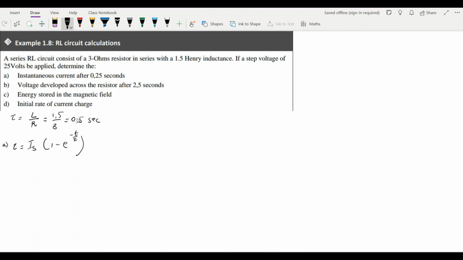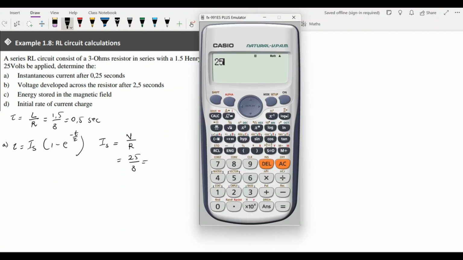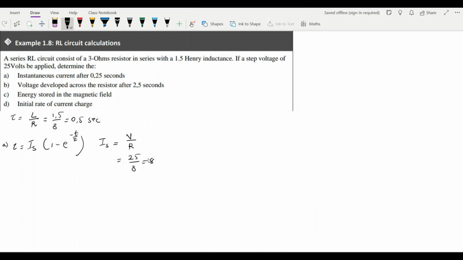Is can be calculated by V over R, V being 25, R being 3. You punch that in your calculator, 25 divided by 3, this should give you 8.333 amperes.